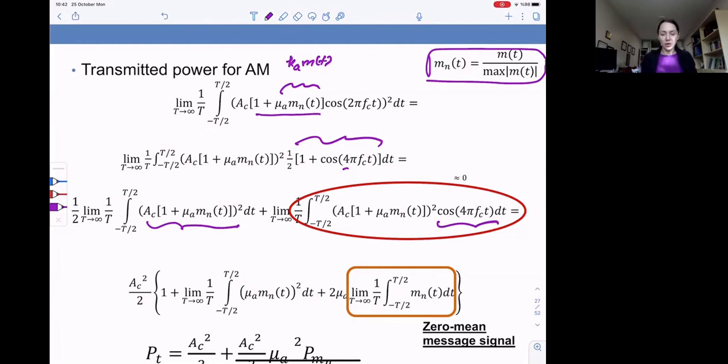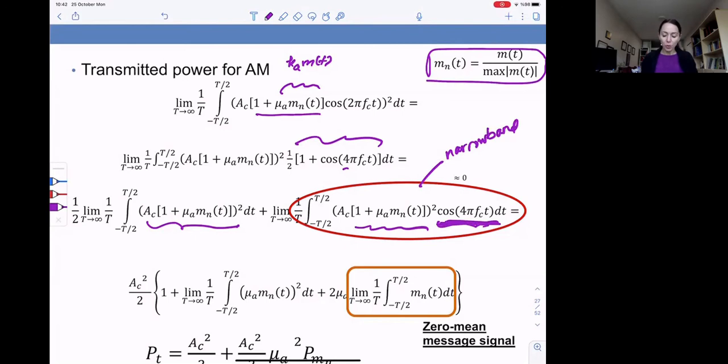By the previous argument, by the narrowband condition, because the variation in the multiplicative component is very slow with respect to the cosine, it's as if you're computing the power in the cosine.